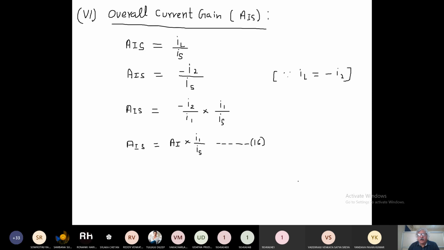Now think about one circuit. Some source you have connected.